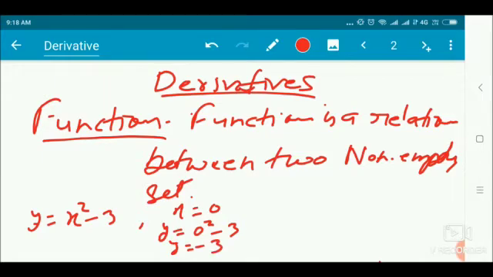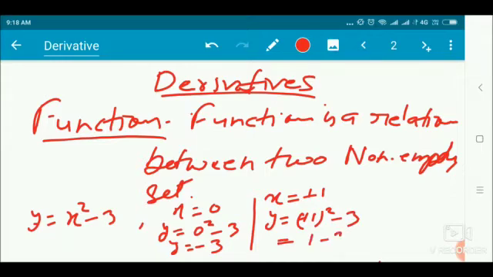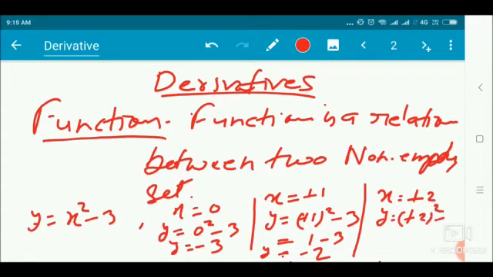And if I put x is equal to plus 1, I'll get y is equal to minus 2. If I put x is equal to plus 2, I'll get y is equal to plus 1.